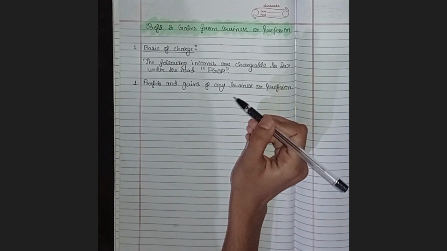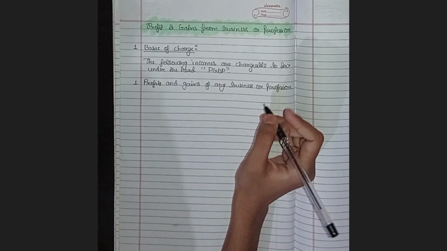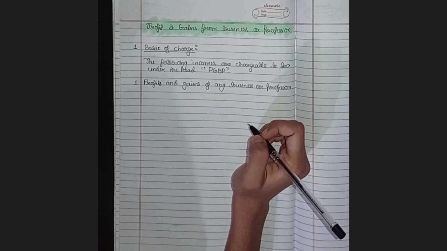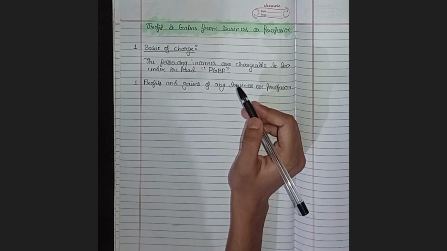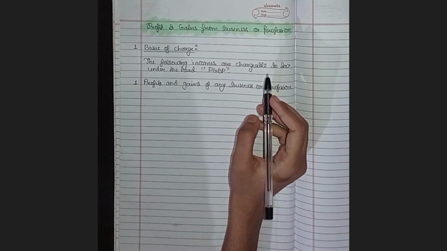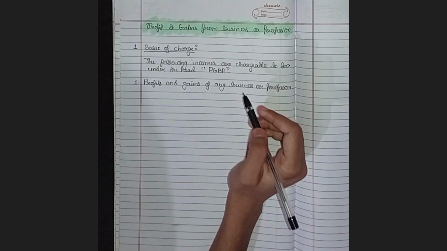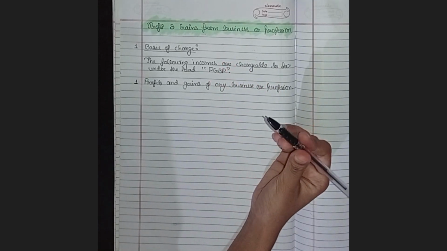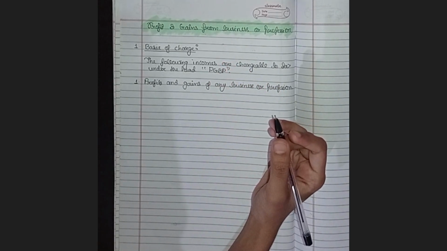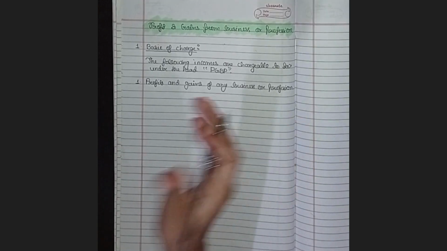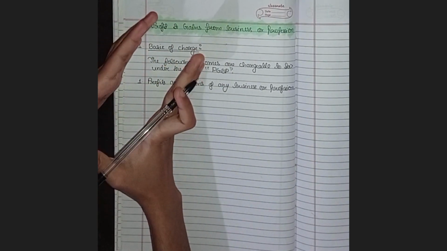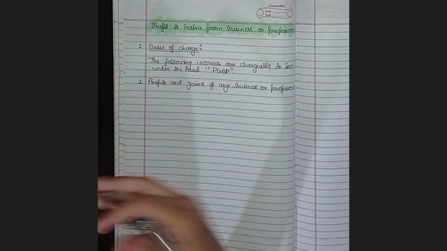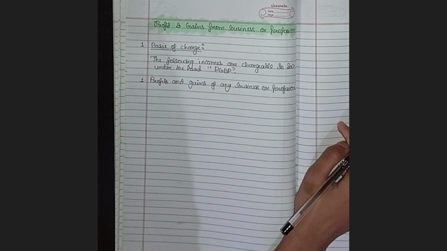If I am running a business or a profession, I would be earning some profits or gains or maybe losses. So in income tax, whenever we say profit and gains, that means losses would also be considered. So if I am running a business or a profession.